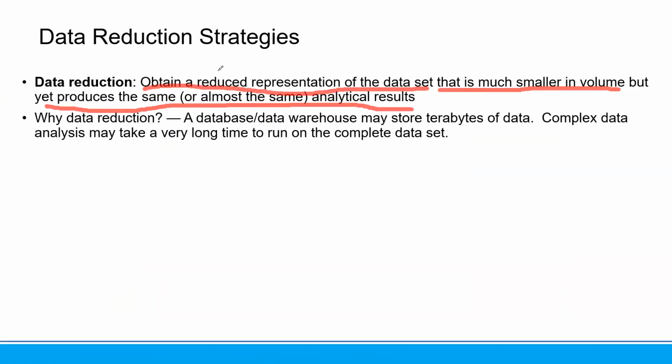So the simple idea is, last time I mentioned to you, if we have 1 million rows data, and it produces maybe 95% accuracy, and I have 1000 rows data, and it produces 94.9% accuracy.